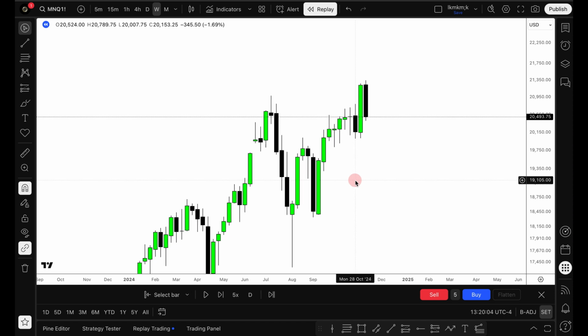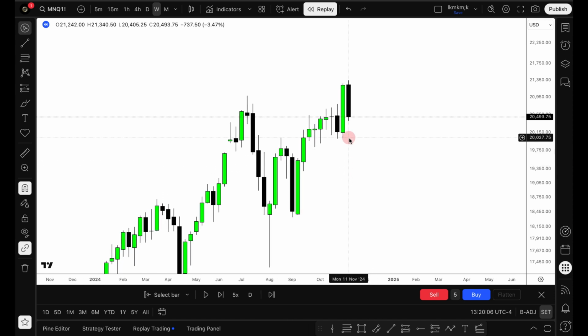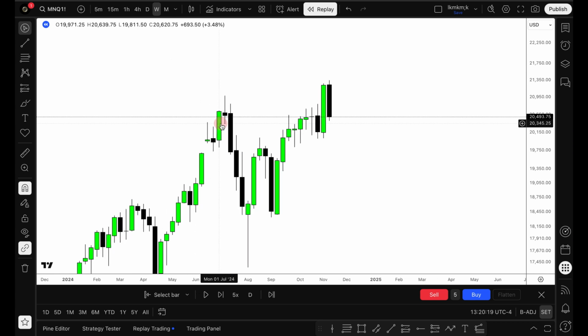So I am going to do one more top-down analysis example, and this is going to be on the MNQ, so the Nasdaq 100, and we're going to start from the weekly time frame. As you can see, on the weekly time frame, price is in a bullish state.